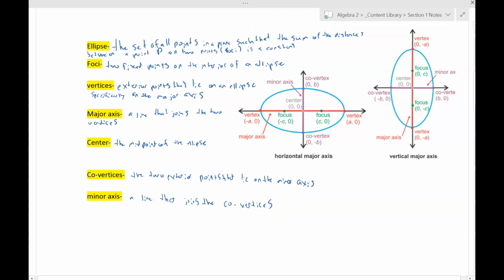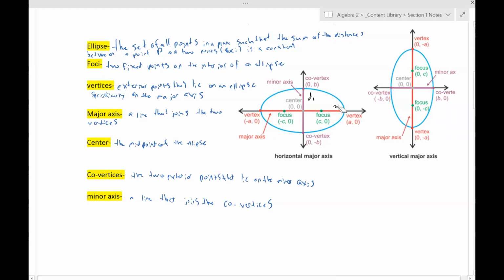It just means that for any point P, these distances, we call this D1, we call this D2, the sum of those distances is a constant. And we'll talk about how these might be related in a little bit.